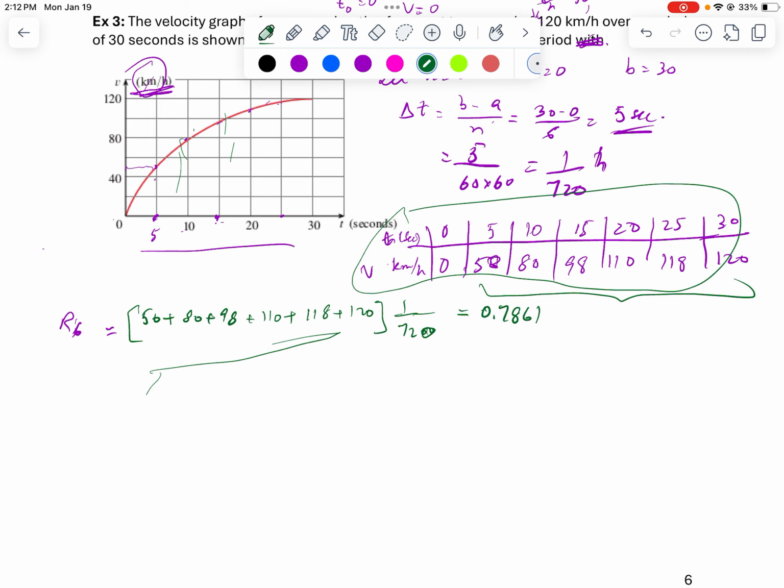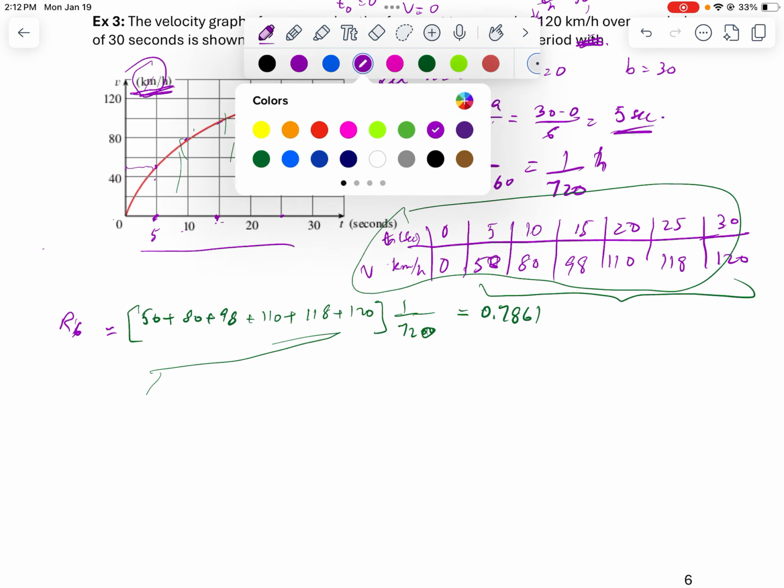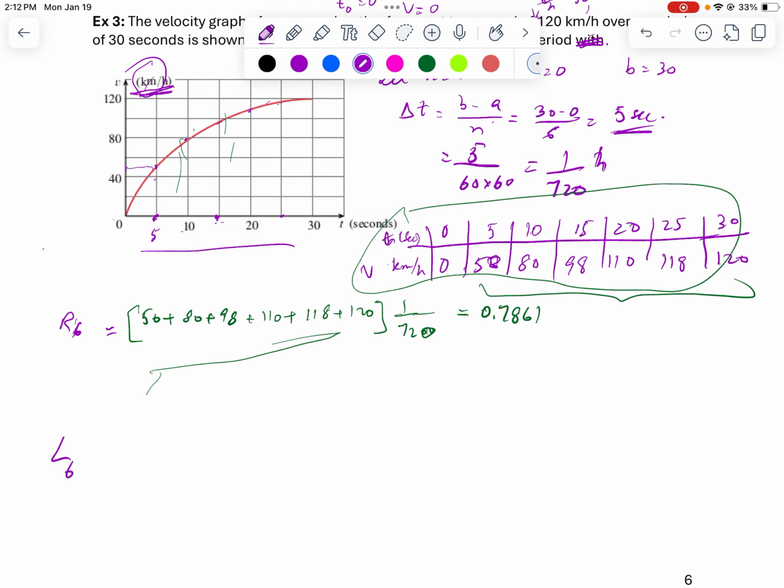That will be equal to, now we will start with the first quantity, which was 0. So we have 0 plus 50 plus 80 plus 98 plus 110 plus 118. Should I say plus 120? Okay, before you write it, first let's count. 1, 2, 3, 4, 5, 6. We have 6 terms being added, so we are good. We cannot have the last one.